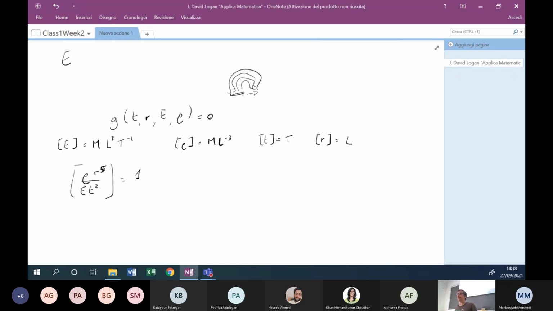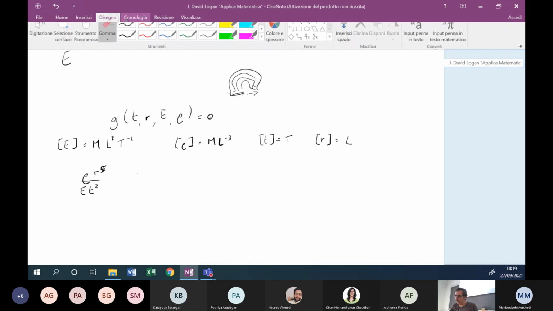So when we say that the dimension is equal to 1, that's possibly an abuse of notation, but that's how you express that the variable is dimensionless. Indeed, you can substitute the dimensions that you have for E, rho, T, and R and prove that this thing is dimensionless. So he proved that this quantity here is dimensionless.